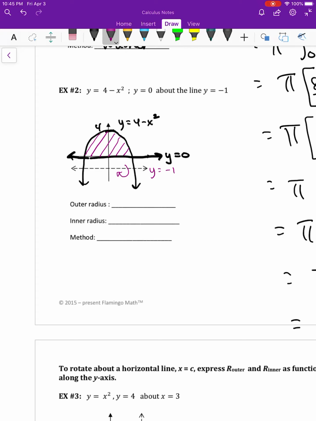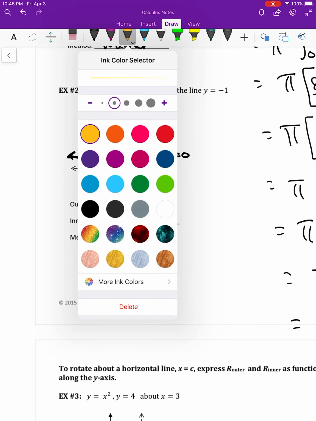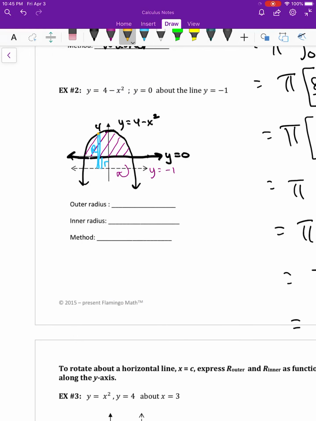This is again a washer method problem. And if we were going to sketch from our axis of rotation to here would be little r, axis of rotation to here is our big R. So our outer radius, remember if you were imagining that this point is a point on that function, look at what the y value of that point would be.